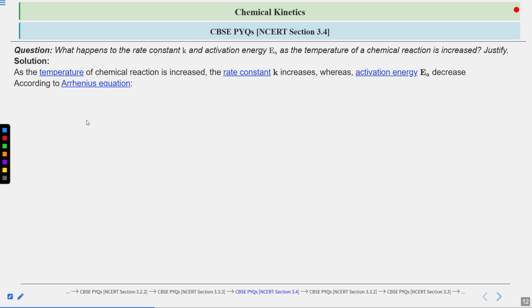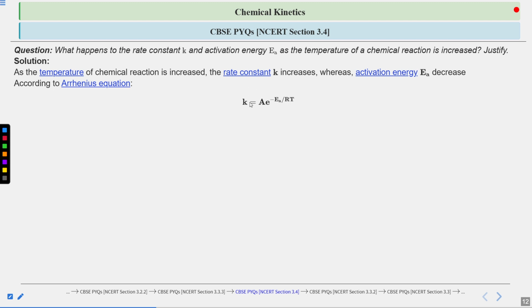According to the Arrhenius equation, k, that is the rate constant, is given as A multiplied by e to the power minus Ea by RT. k is the rate constant, A is the Arrhenius factor, small e is the exponential factor, Ea is the activation energy, R is the gas constant, and T is the absolute temperature of our reaction. This is the Arrhenius equation.